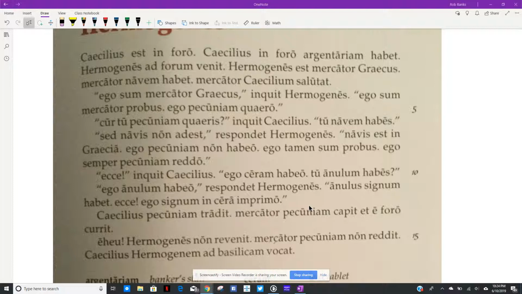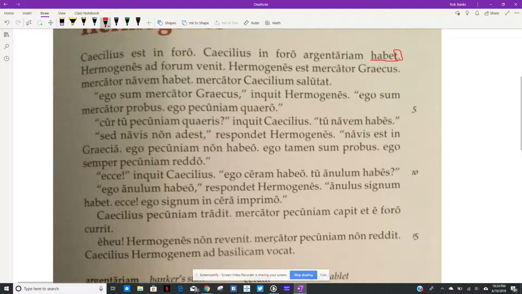We saw before, pull up a red pen here, a verb like habet, first line, ended in a T, and we talked about that T meant that it was he, she, it something, or a particular he, she, it something. In this case, Caecilius. Caecilius has something. Okay, if it ends in S, right, it's going to be you something.